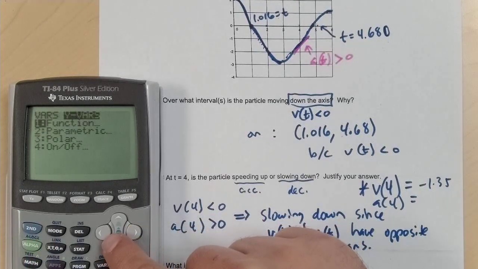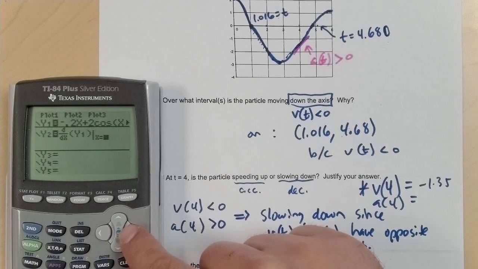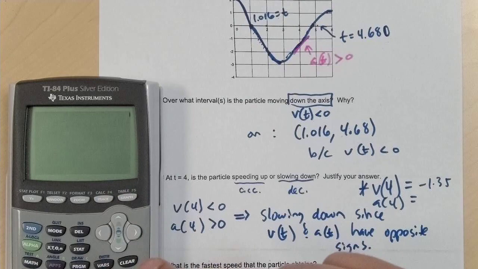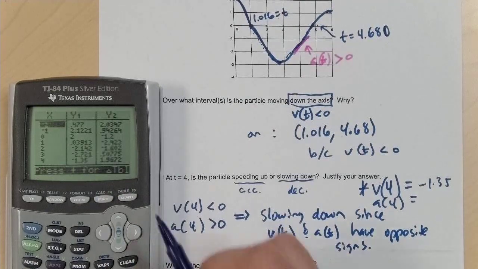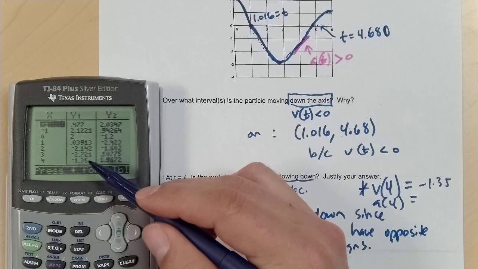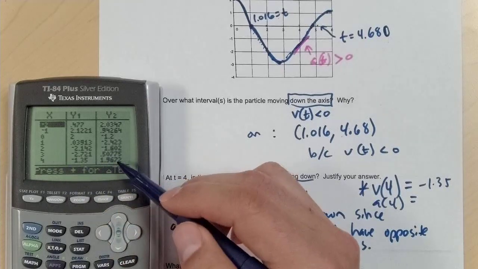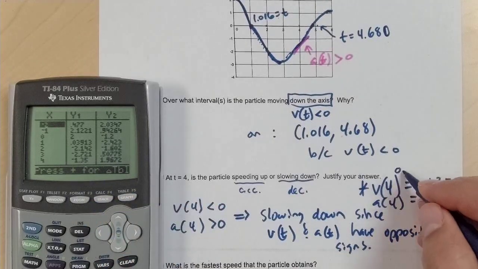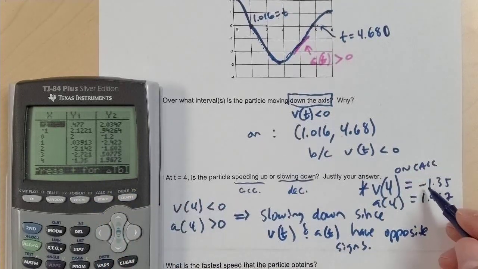Go to y-vars. Now y1 is your velocity values at 4, and y2 is your acceleration values at 4. So on the calculator, you get negative for velocity, positive for acceleration.